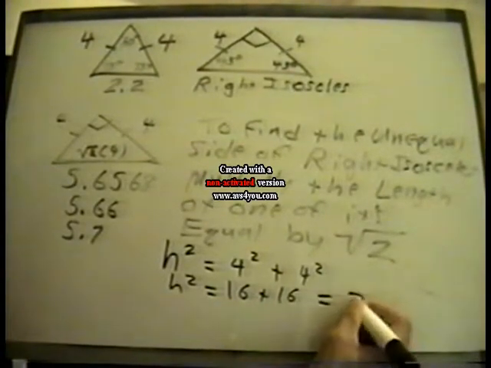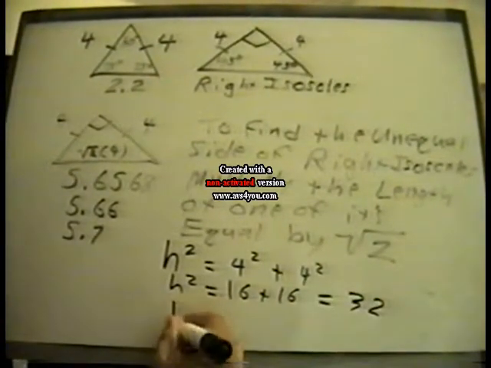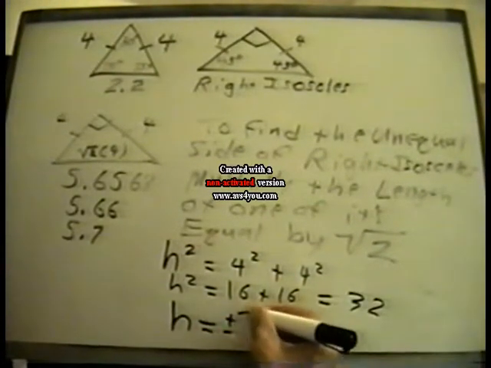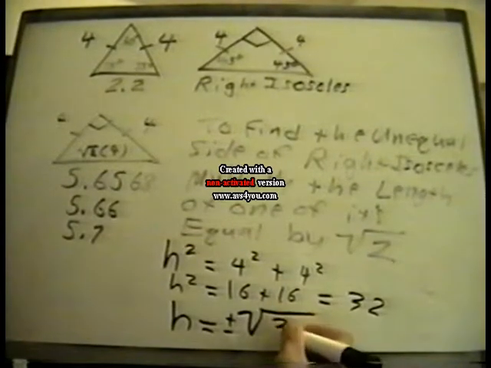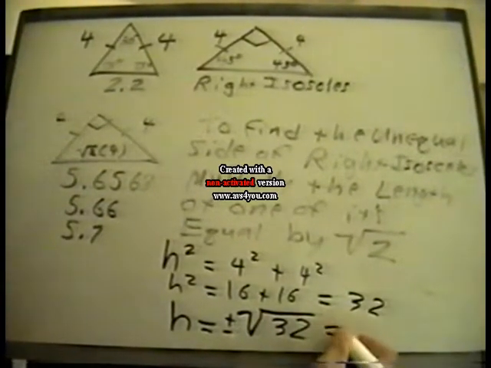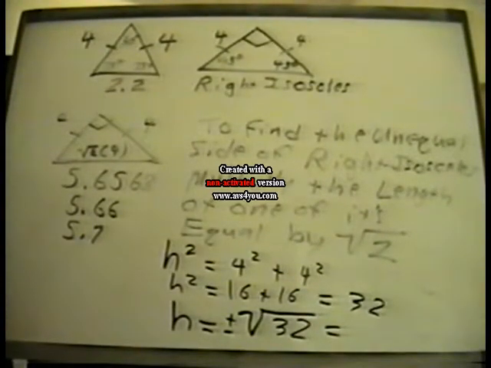Okay? Get h squared equals 16 plus 16, which is 32. And applying the square root principle, we get h is plus or minus the square root of 32.